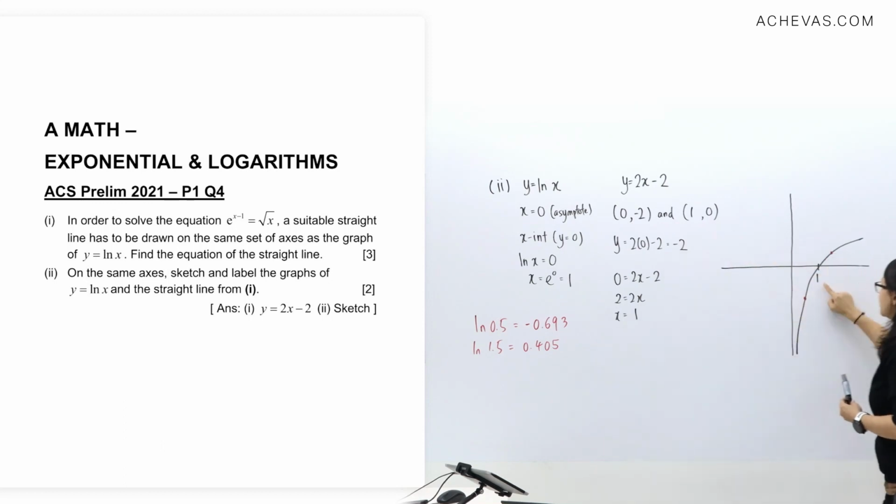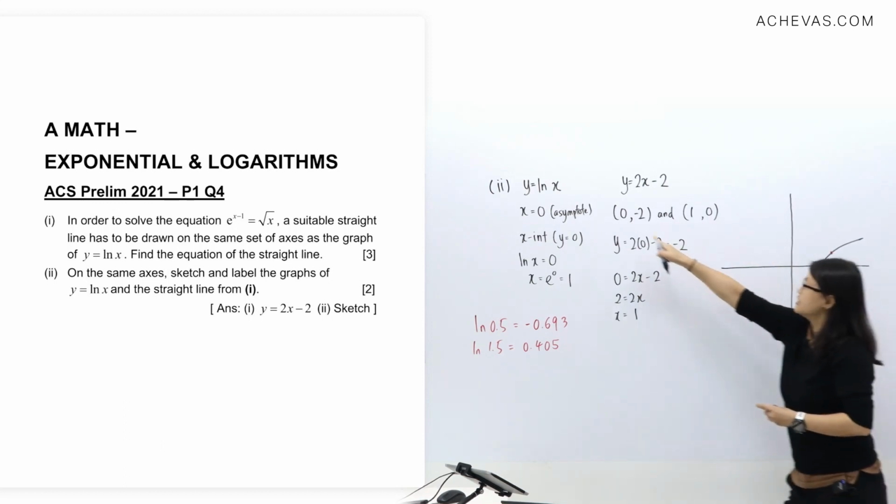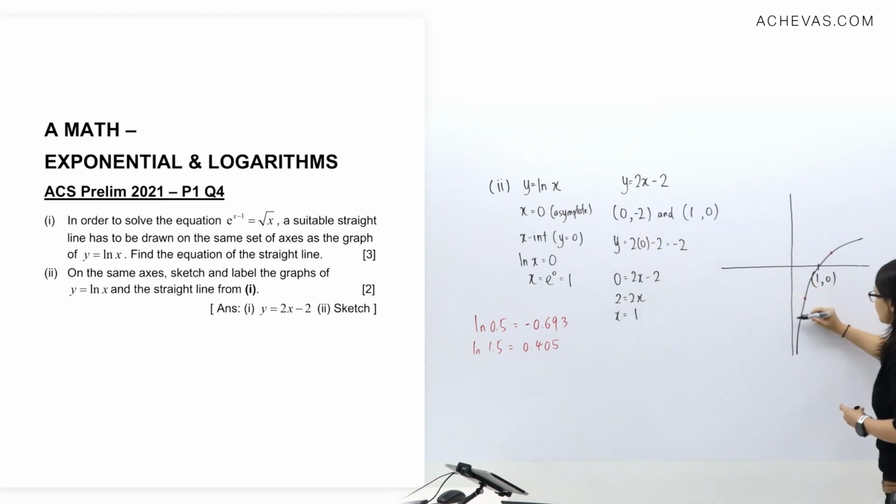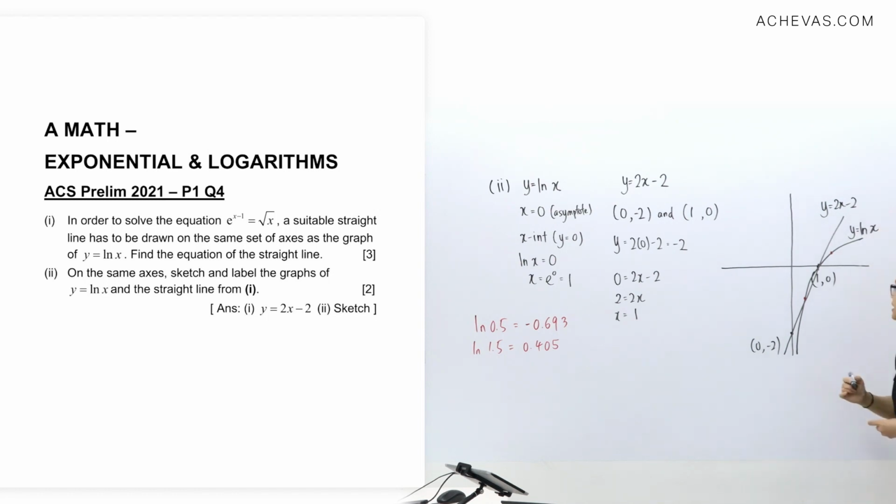Notice this point is just this point here, 1, 0. I need to add this one. Let's say it's roughly over here, 0, negative 2. Adding a straight line from this point to this point will give you this graph over here, y equals 2x minus 2. This is your graph of ln x from just now, okay?